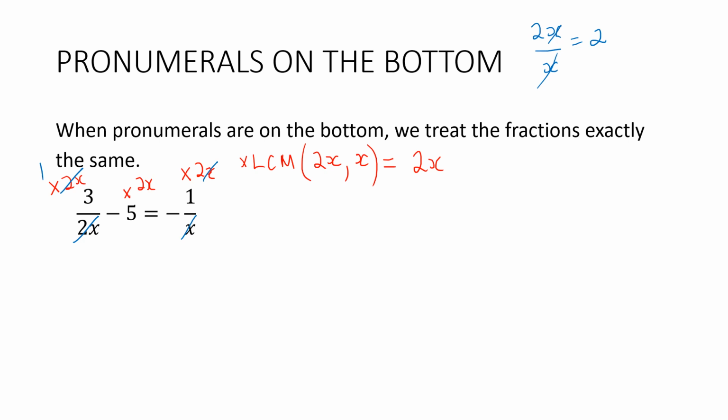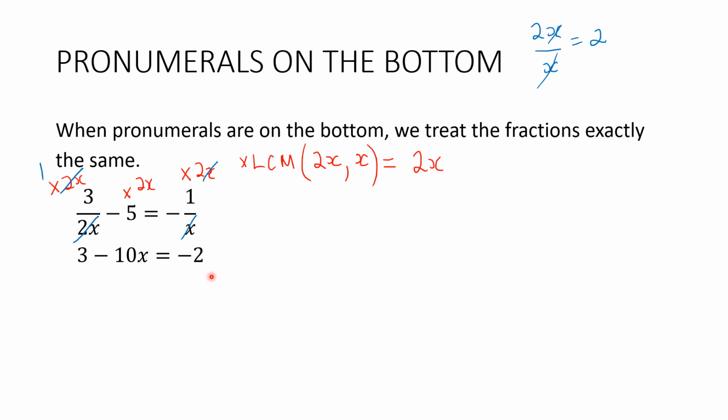All right, let's rewrite this and see what we get. 1 times 3 is 3. Take away 2x times 5 is negative 10x is equal to 2 times negative 1 is negative 2. Let's do it again. 1 times 3 is 3. Take away 2x times 5 is 10x is equal to negative 1 times 2 is negative 2.